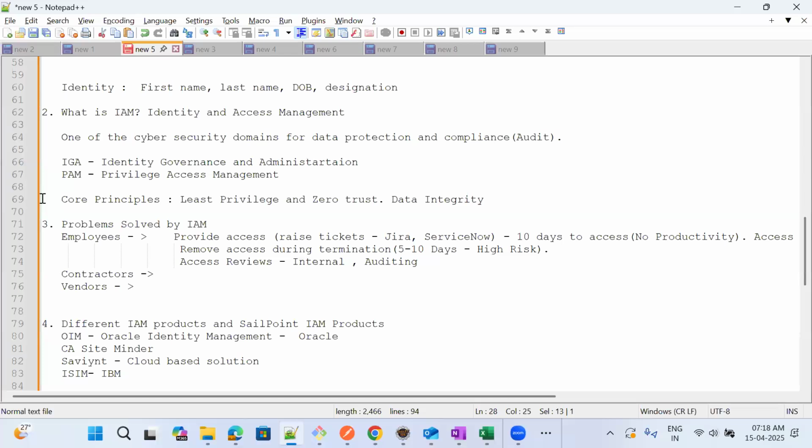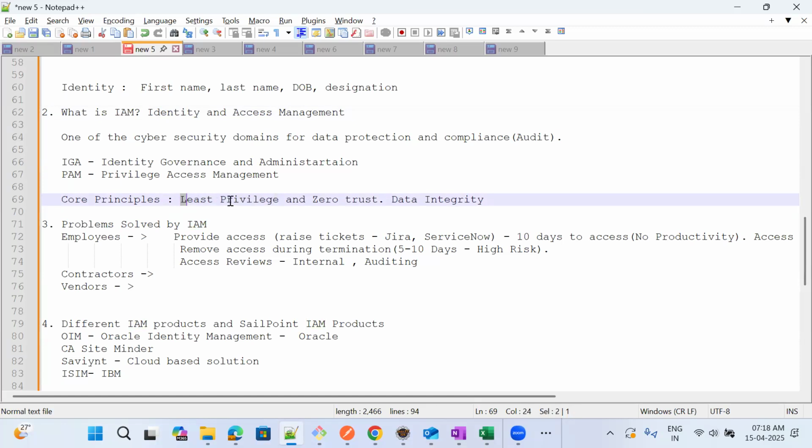Let's understand what these core principles are that are highlighted in the IAM domain, and we'll also see how this really helps. One of the core principles our IAM domain works on is least privilege. What do we mean by least privilege?